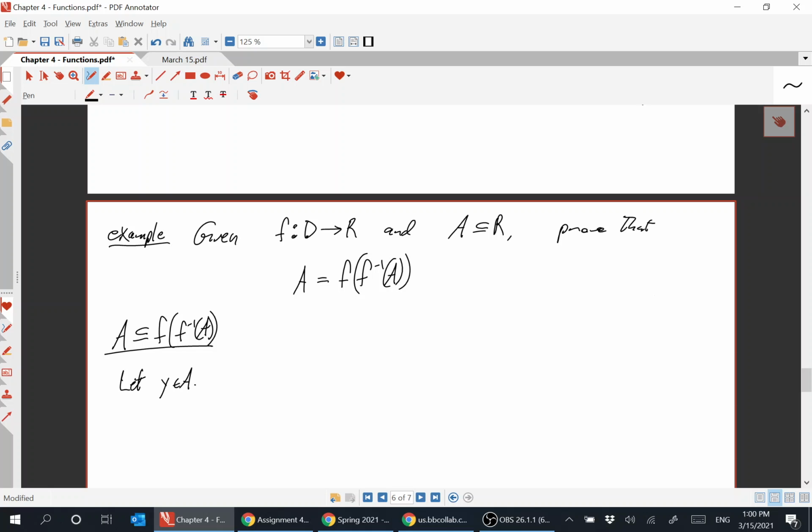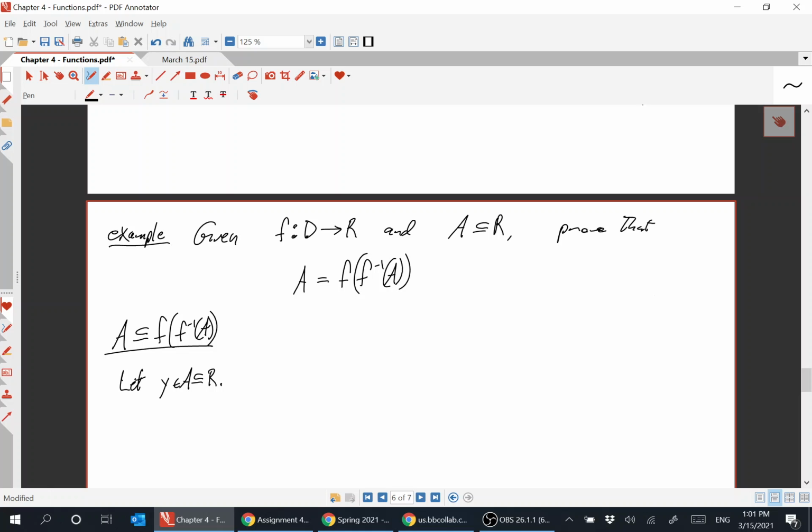Let y be an element of A, which is a subset of the range. y equals f of x for some x.